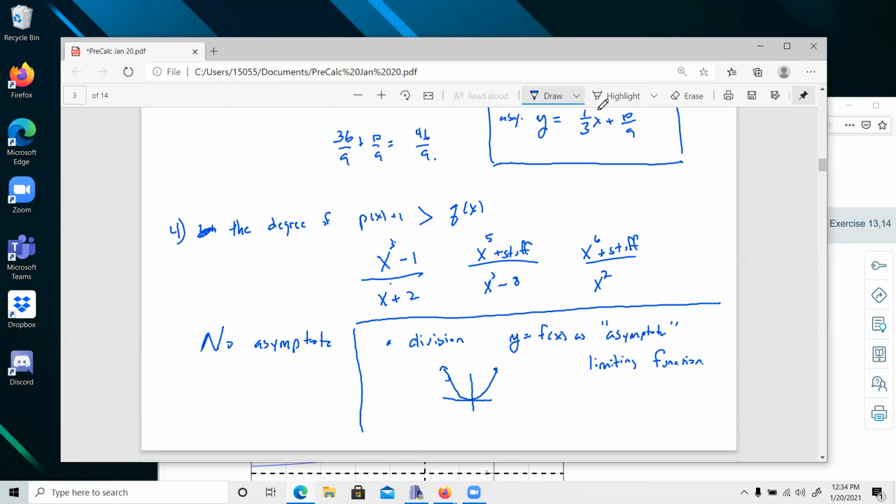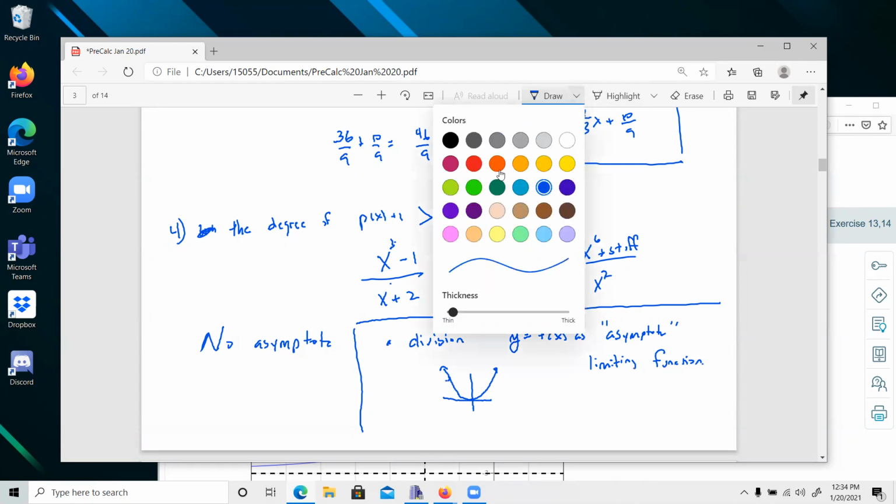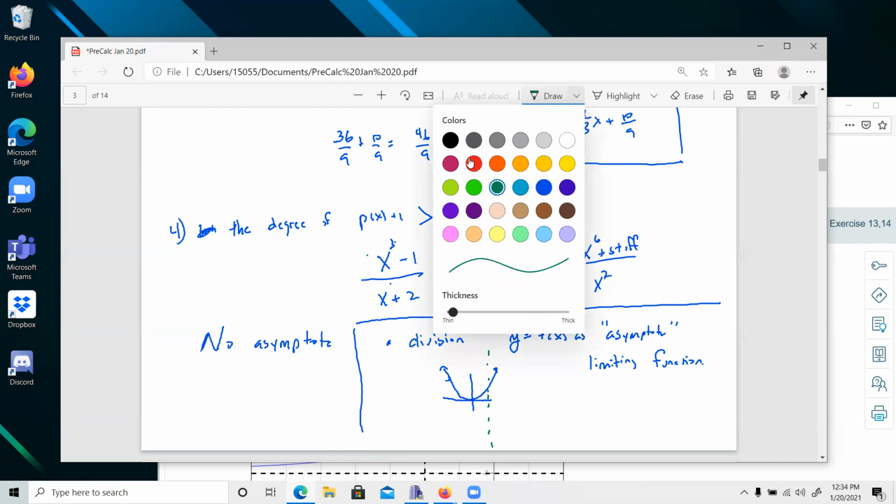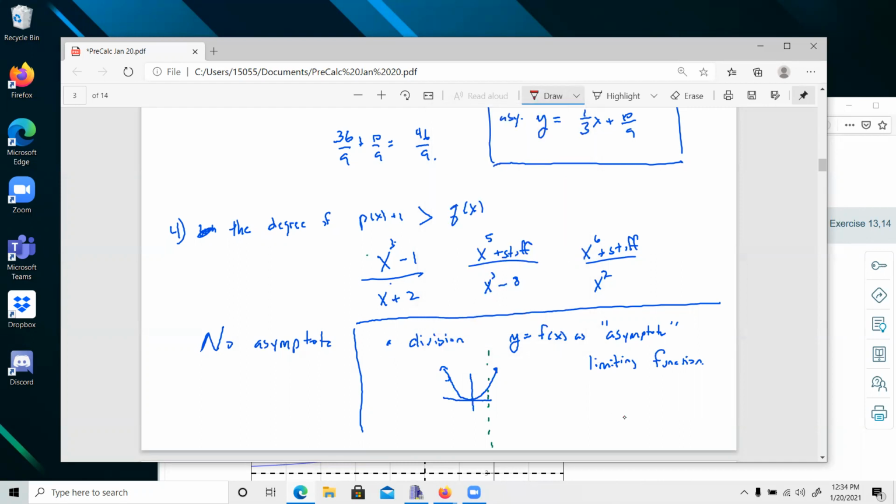So, you could get something that would look some, let me put my vertical asymptotes in, put those in green. So maybe it's got a vertical asymptote here, and you get this crazy looking function like something like this, because it can cross, it's fine. And you might get something like this.